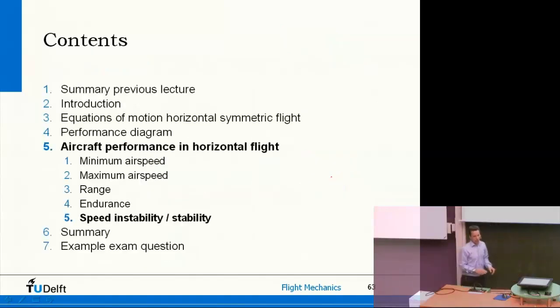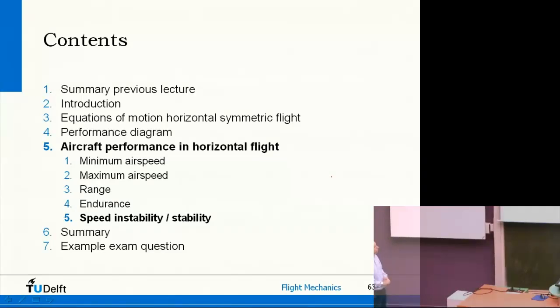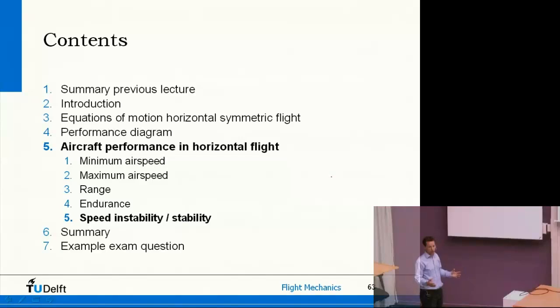Okay, then a different topic, speed stability. This is something you don't really need to do calculations for, but it's simply a phenomenon that happens for every aircraft. Basically what it means is that in some portions of the flight regime, by flight regime I mean a certain airspeed, the aircraft is actually unstable with respect to speed.